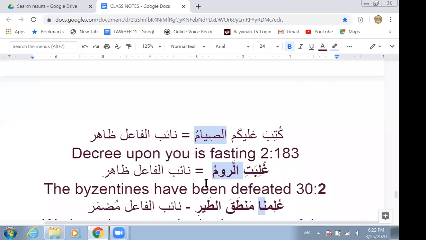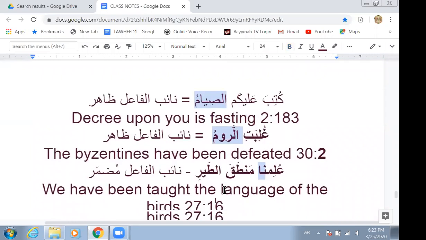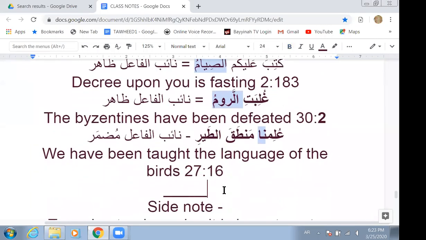Okay. So why is ar-Rum in the rafa status? The dhamma shows it is in the rafa status, and why is it in the rafa status? Because it becomes a naibul fa'il for the fa'il before it. So again, we will say this is a naibul fa'il az-zahir, ar-Rum. Okay. Next example.